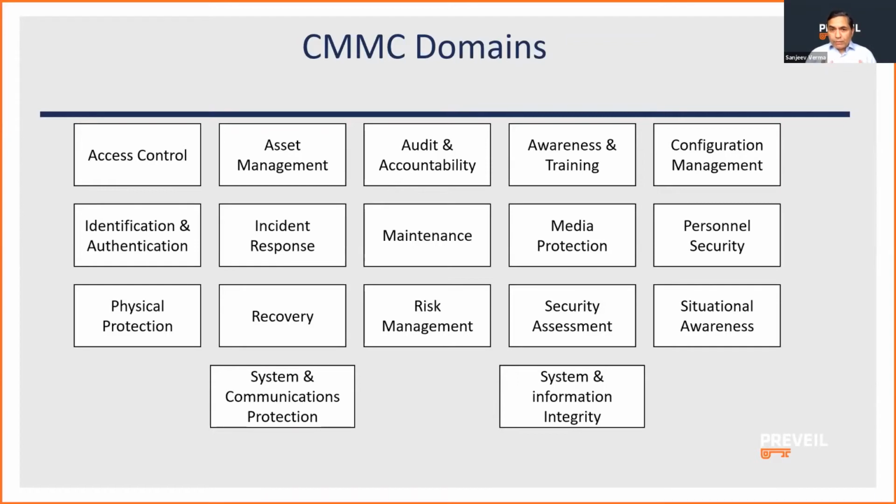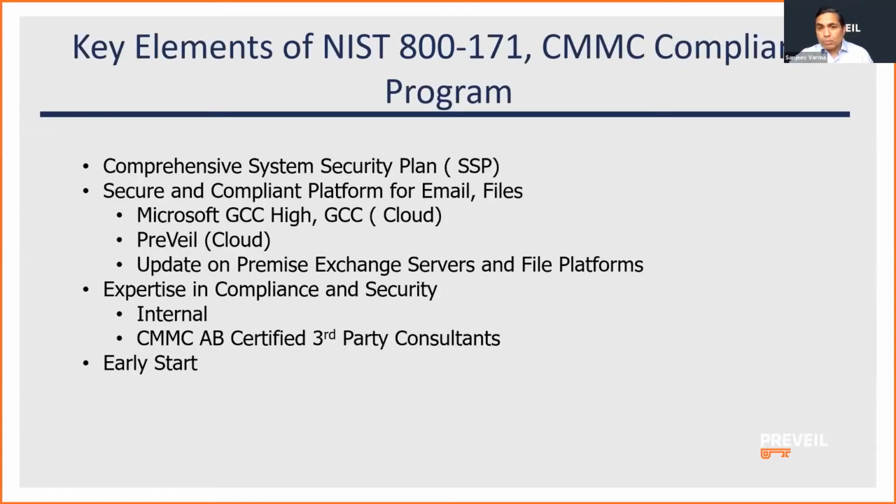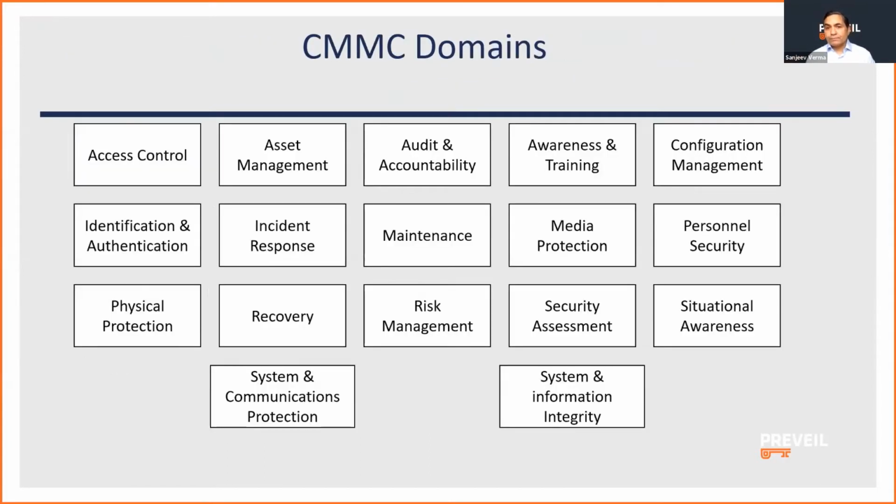So, putting together the four points that I shared with you earlier: strong SSP, the platform, the expertise, and the early start, how do they come together? When you look at CMMC from the perspective of compliance, there are 130 controls but 17 domains.